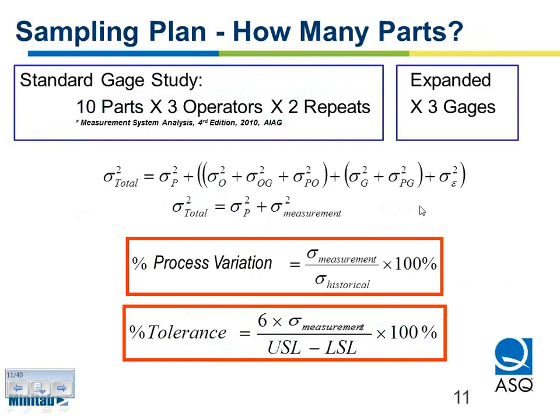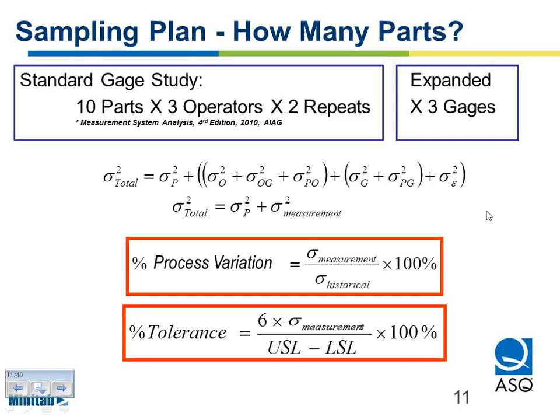The way we're going to break that down is to look at a base case for a sampling plan that you might choose to use, which would be to take a standard gauge study, a 10 by 3 by 2, and multiply it by 3 gauges. If 3 was the right number for the number of operators, you might guess that 3 would be the right number for the number of gauges, and we would end up using 180 measurements, 3 times 60, as our total study.